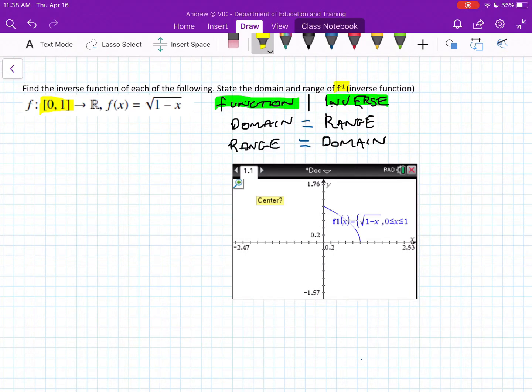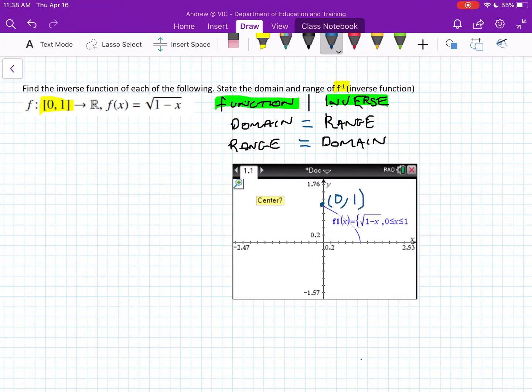You'll see it starts, or stops, at this point here. This is one of our endpoints. Each one of these is 0.2, so that's when x is equal to 0. Then 0.2, 0.4, 0.6, 0.8, and 1.